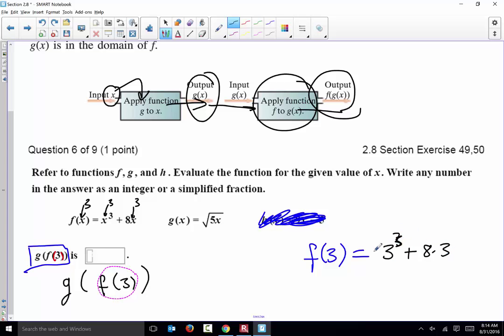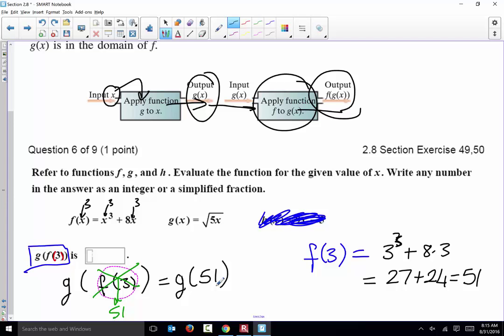And this way I know where passenger 3 goes with this bus F, which is 27 plus 24 totals to 51, right? Okay, so I can now remove this and replace it with 51. Your passenger 3 is gone and turned into a 51 passenger. So passenger 51 is going to take this G bus. Now you have, instead of F of 3, G of 51.